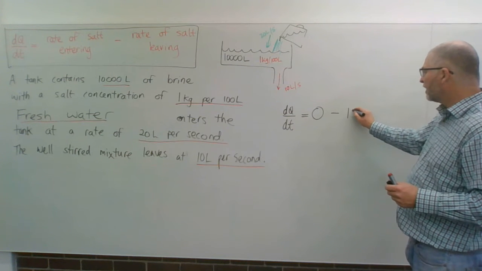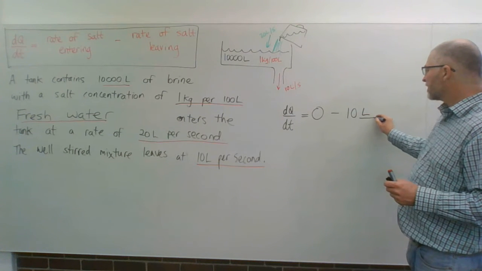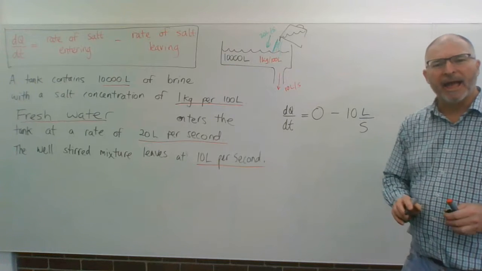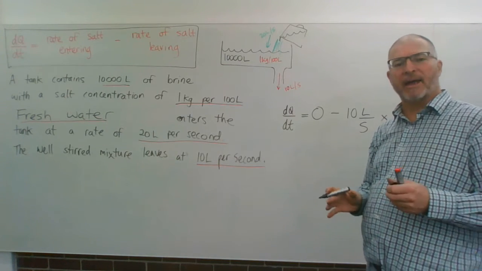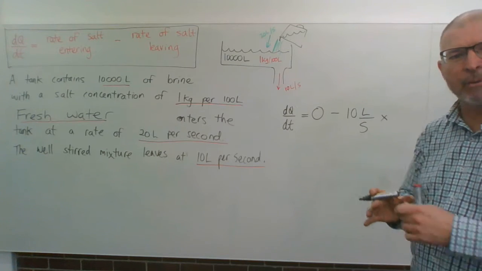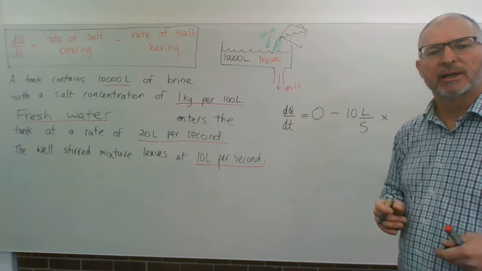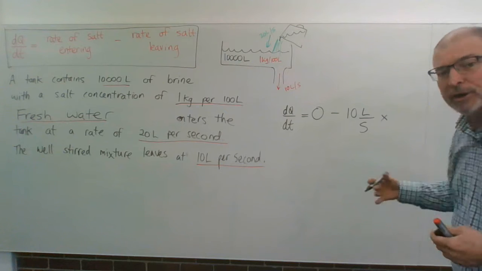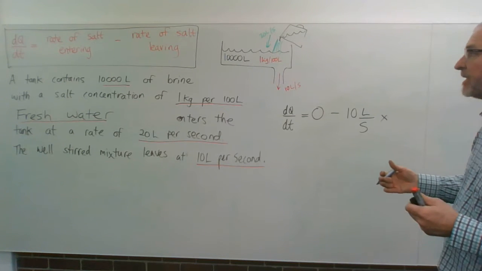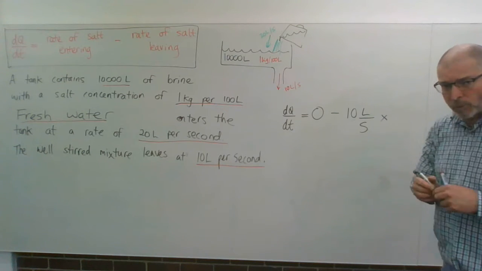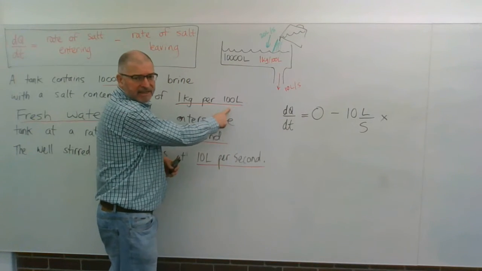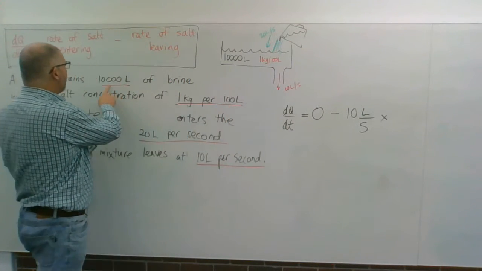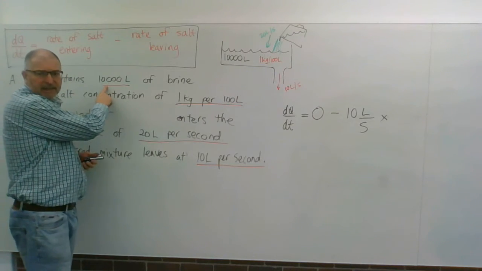we have 10 litres per second, and now we need to work out how much salt and what volume, so we can work out the concentration leaving. 10 litres per second of what concentration of salt is leaving? Well, there was a kilogram for every 100 litres at the start, and there's 10,000 litres, right?